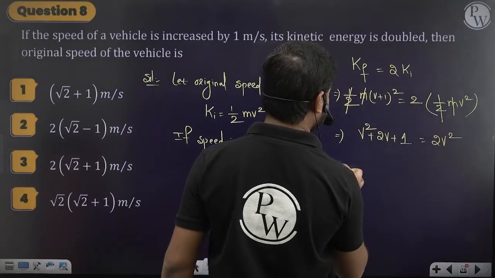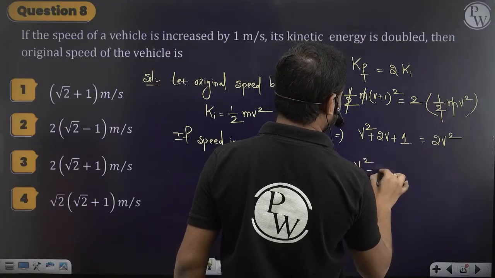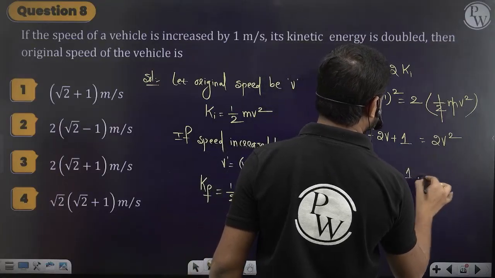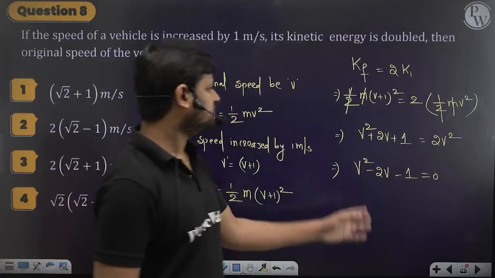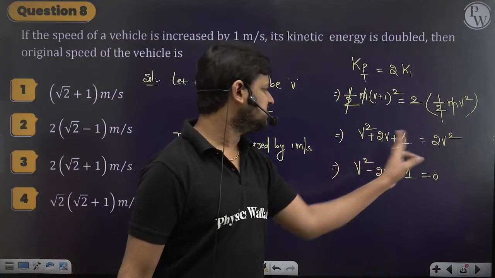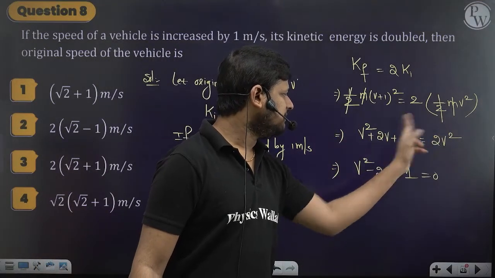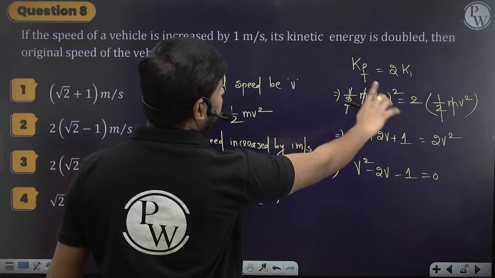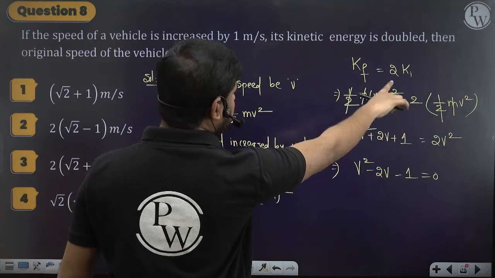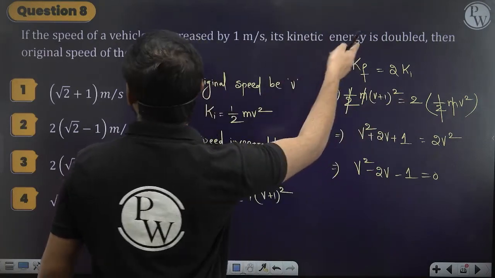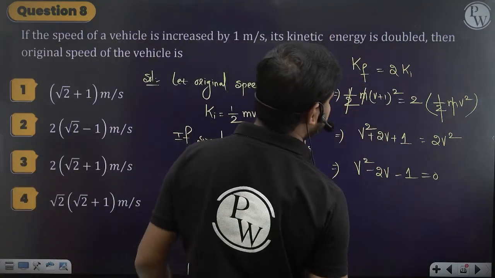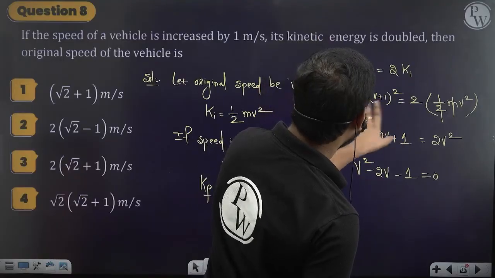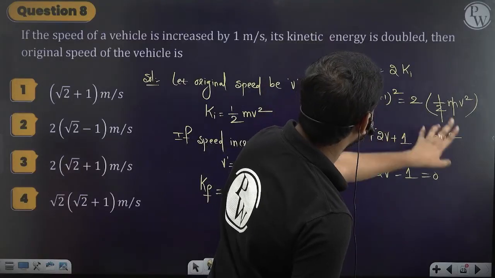So bring everything to one side, which will become v square minus 2v minus 1 is equal to 0. Yes or no? Half into m into v plus 1 whole square is equal to 2 into, so its kinetic energy is doubled, 2 times the initial, which is half mv square. Half cancels, v plus 1 whole square is equal to 2v square.